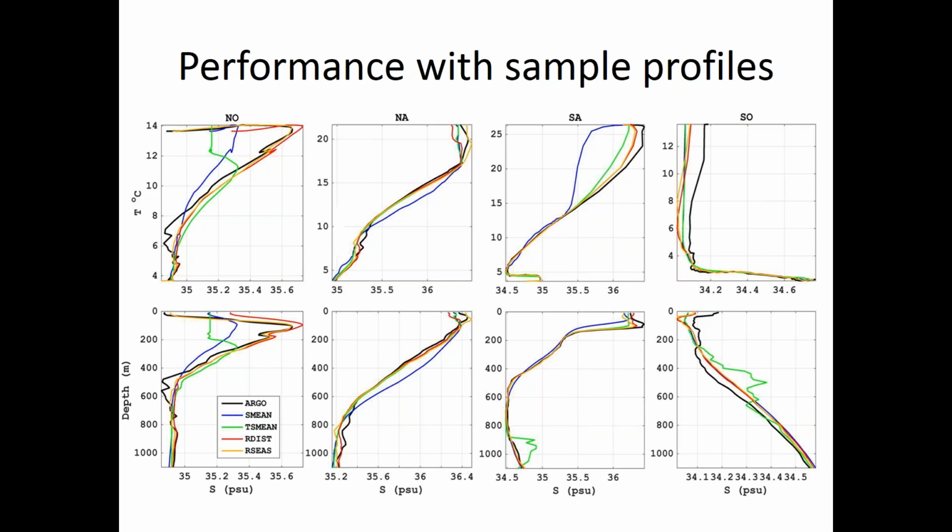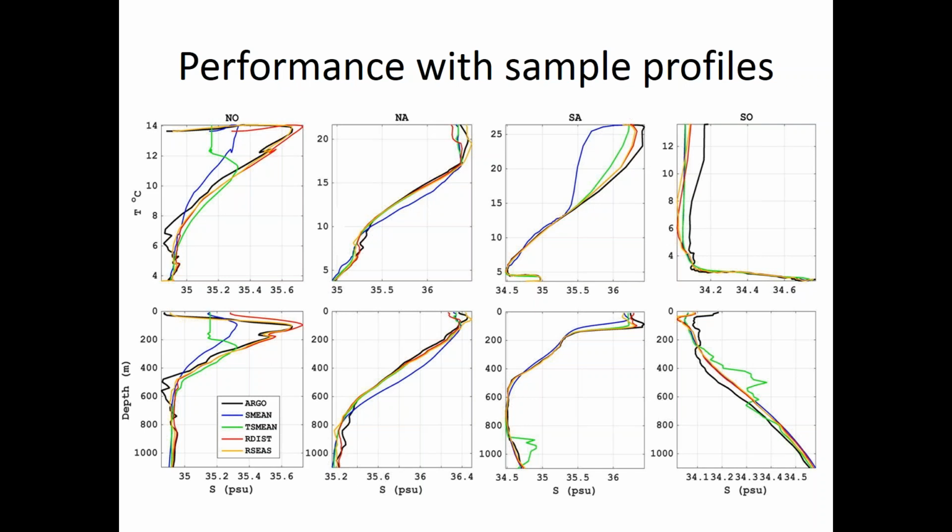And you see that for the Northern Ocean, we start with the S mean, the mean salinity. It happens in several of the basins that the mean salinity can't conserve the TS curve. So this is the TS curve, salinity and temperature, and this is depth and salinity.